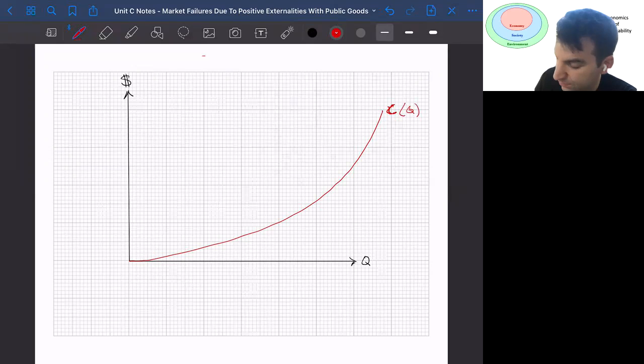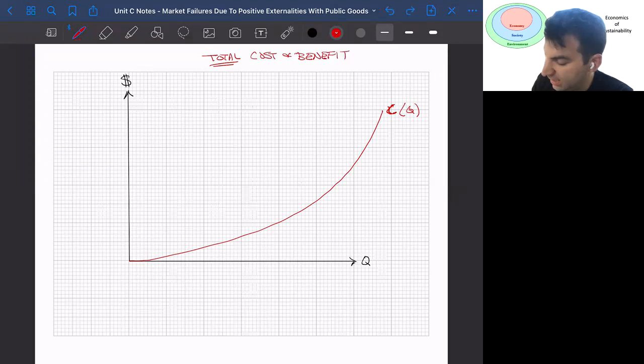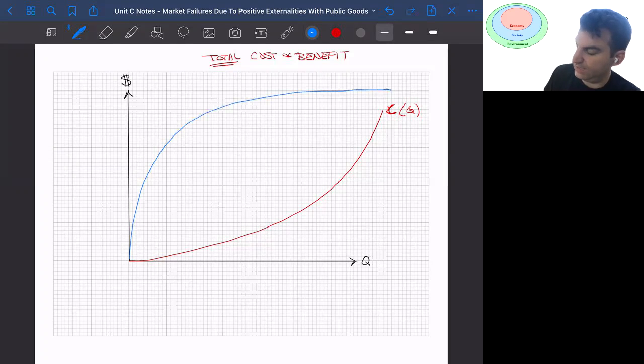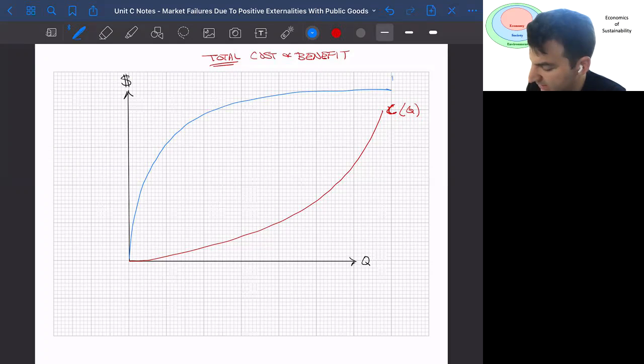So these are total cost and benefit. And so basically, we have the benefit to society, which is some curve that, say, looks like this. So this is the benefit to society.